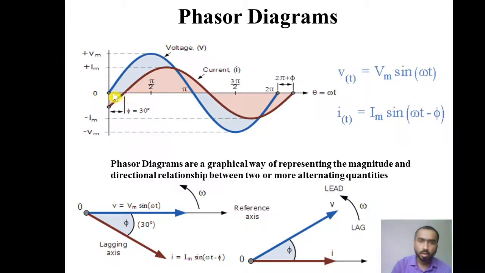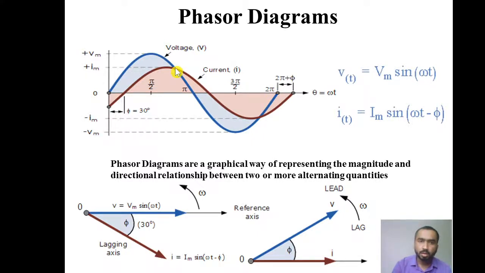Now see, this is one half cycle of voltage, and here it is given as pi, in radians. Pi means 180 degrees, pi by 2 is 90 degrees, and the total cycle is 360 degrees, which is 2 pi radians.